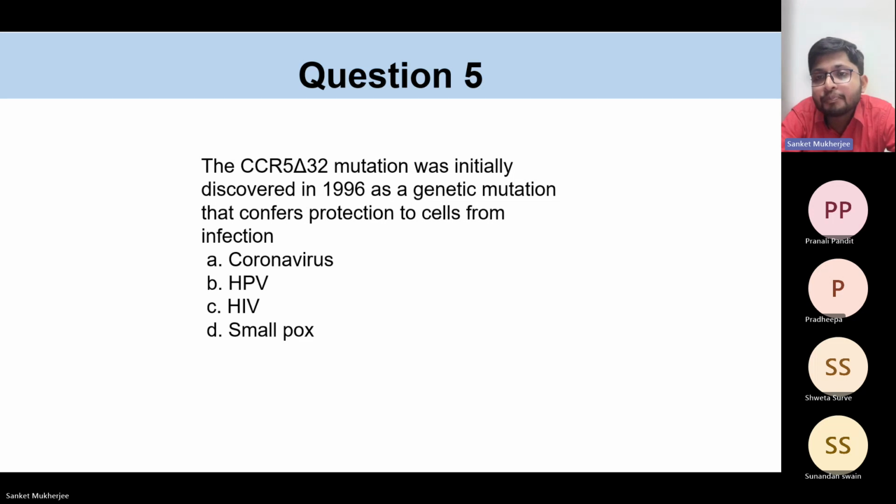Which of these viruses? HIV. Exactly. So CCR5 is a co-receptor of this virus. So if CCR5 is modified, then the viral replication is affected. We'll see how that happens.